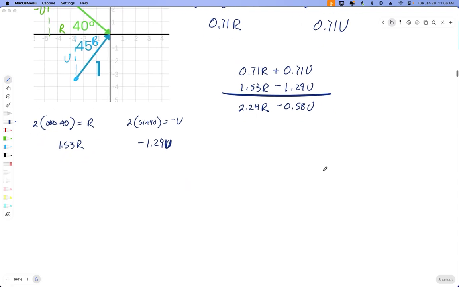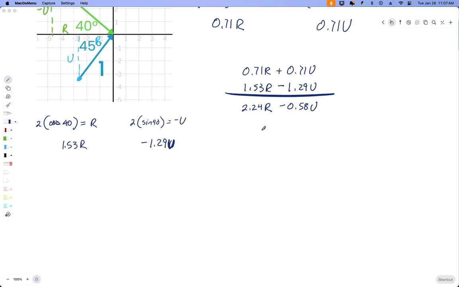Now polar coordinates, same, we just take these and do the polars. Tan of theta equals y over x, so 0.58, we don't care about the negative sign, over 2.24.